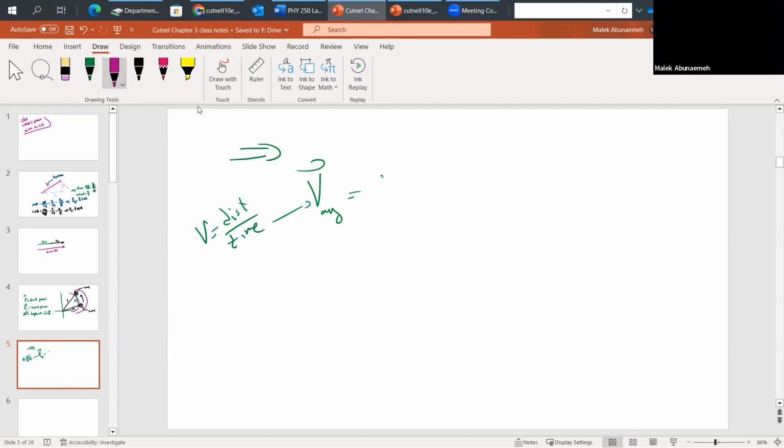So in this case, your average velocity is going to equal our displacement that we just have, which is R minus R naught, final minus initial, divided by time final minus time initial, where T is going to equal final time, and T naught is initial time.